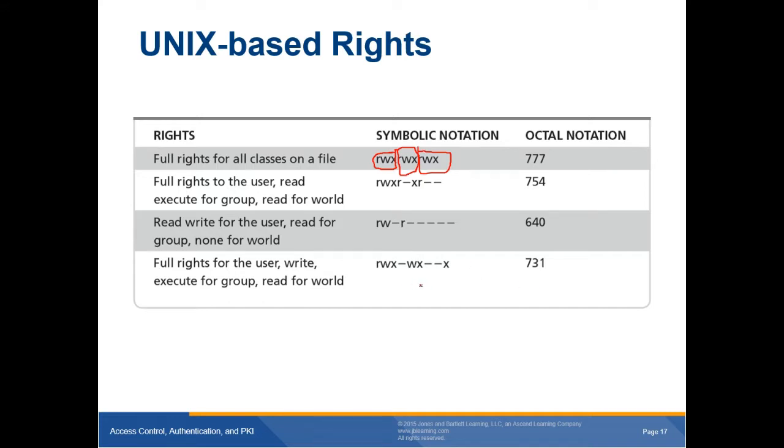So if I had 007, the world would have access to it. It's not what you'd want to do. Usually your user has the highest number, and it is a 7.